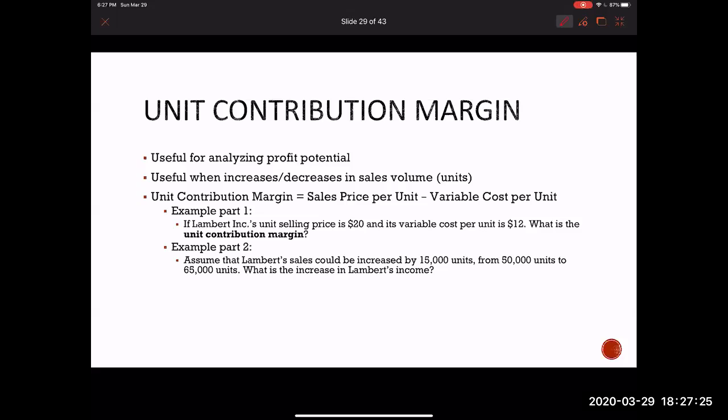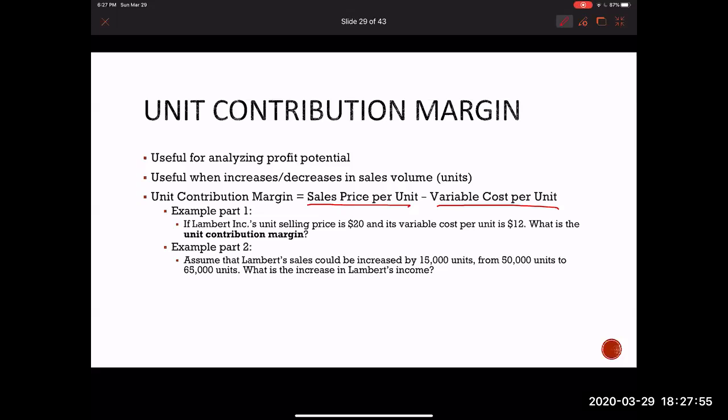To come up with our unit contribution margin, it's going to be the sales price per unit less our variable cost per unit. In example number one, if Lambert Inc.'s unit selling price is $20 per unit and its variable cost per unit is $12, what is its unit contribution margin? Simple enough: sales price per unit less variable cost per unit. For us, it's $20 less the $12, and the difference brings us to $8.